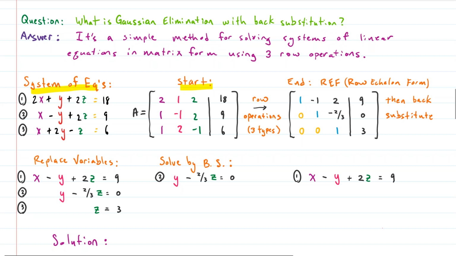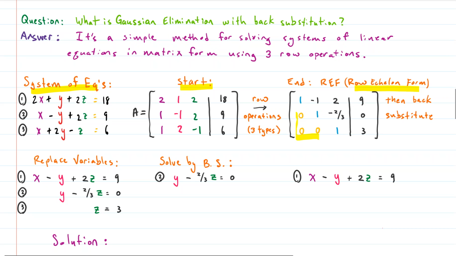So after we create our augmented matrix, then we use row operations to go from the augmented matrix to row echelon form. And row echelon form has ones along the main diagonal and zeros in the lower diagonal area.